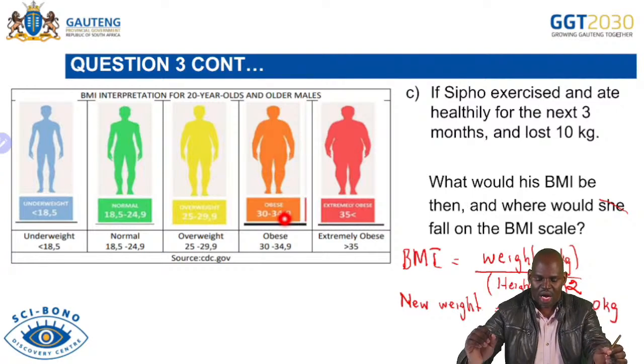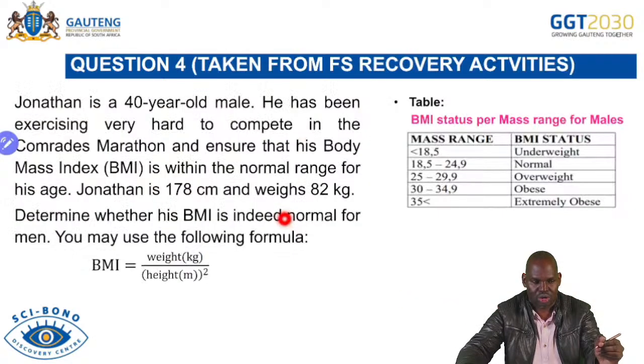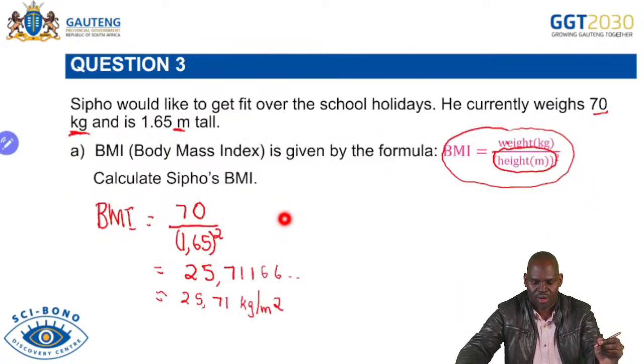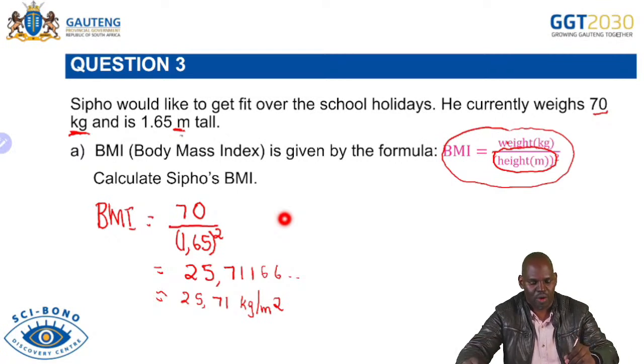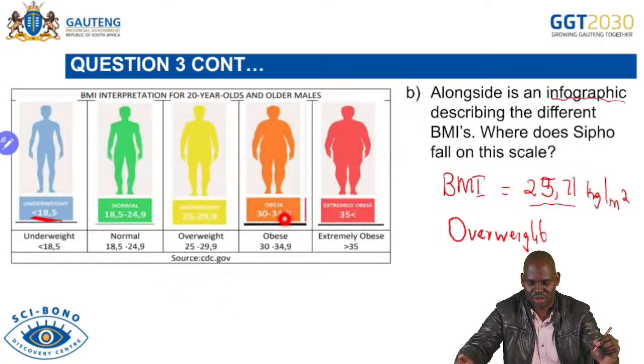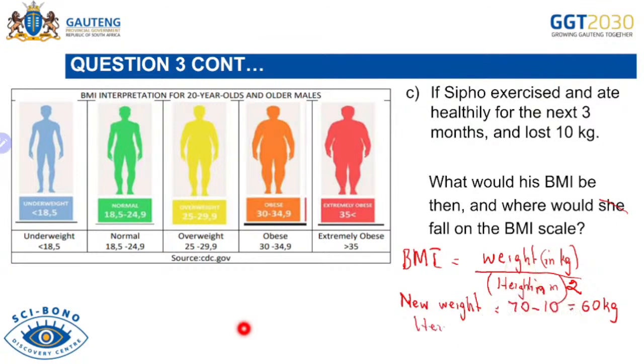Now what about the height? Will the height change? Obviously not. Suppose the height is 1.65. You will remember 1.65, so obviously the height cannot change. So the height is not even supposed to be new, it's just the height.